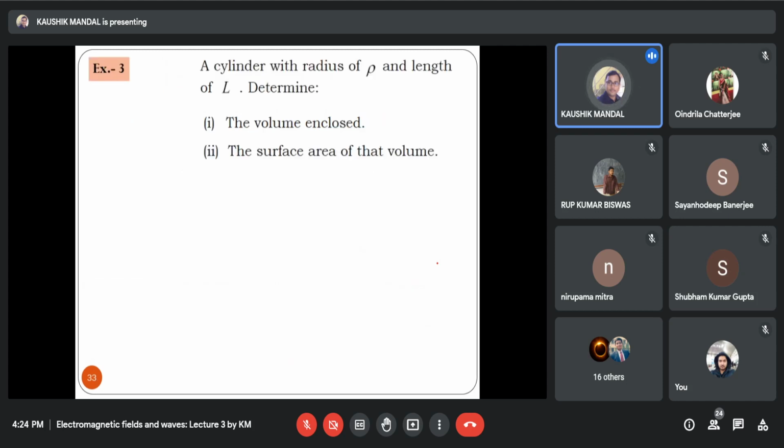So let's consider an example. A cylinder with radius of rho and length of L. Then you have to determine the volume enclosed, and also you have to determine the surface area of that volume.